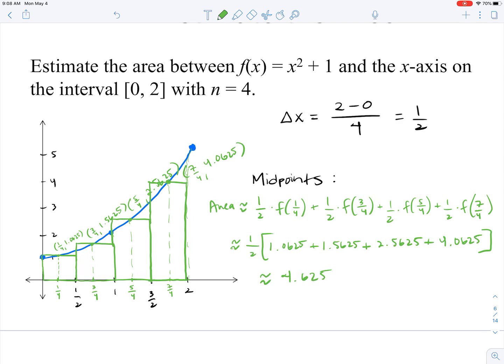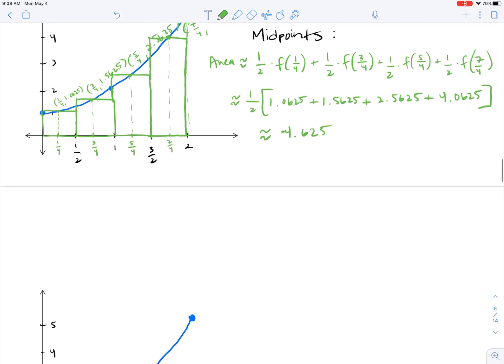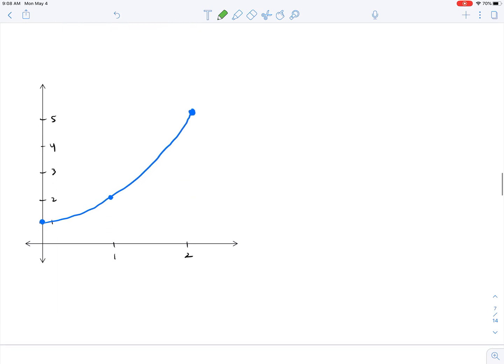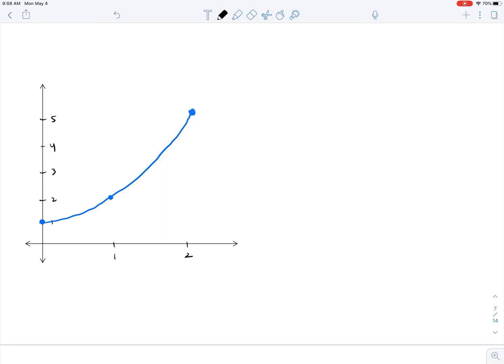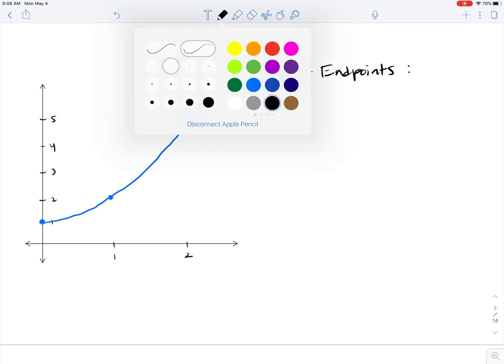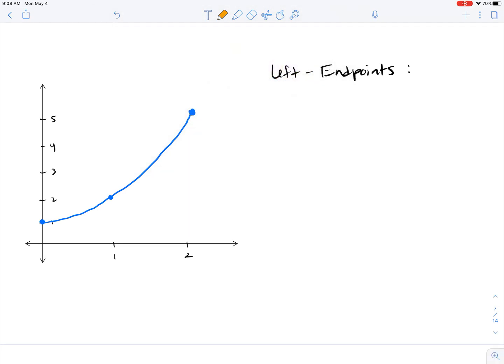And when I put that all into my calculator, I get approximately 4.625 as the approximate area under the curve, using the midpoints of each subinterval to help me find the heights of the rectangles. So let's look at estimating the area using the left endpoints of the subintervals to find the heights of the rectangles.